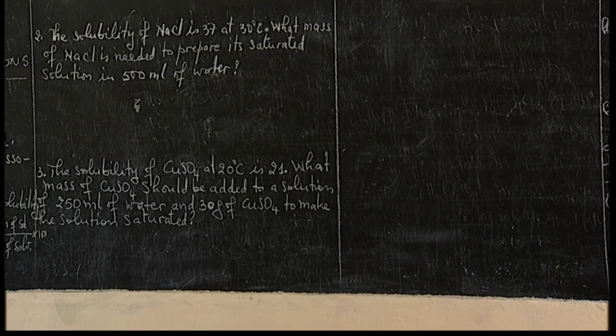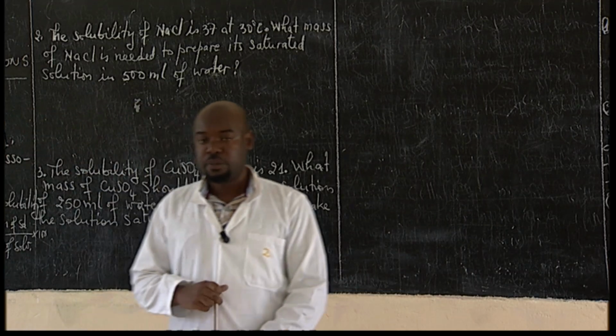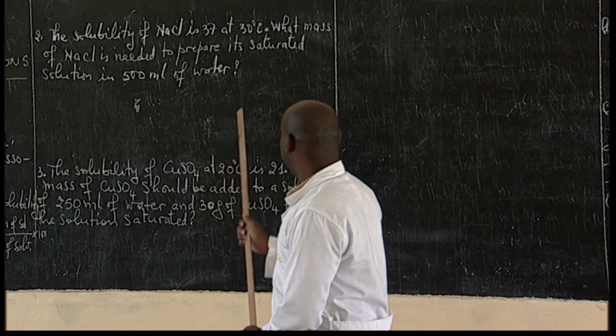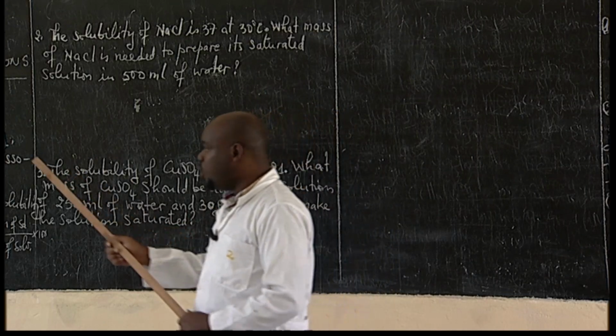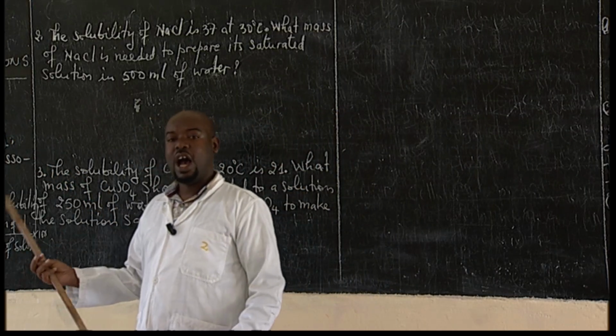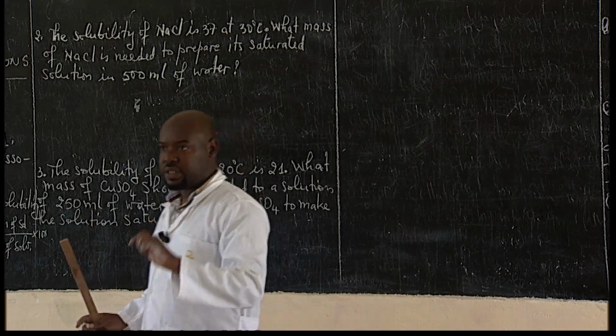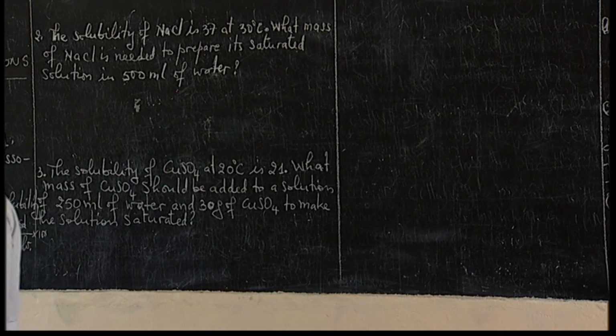The hint here I can give you is that we use the same formula, but we have to make a rearrangement. You make the subject what you have been asked to find. That is simple mathematics.